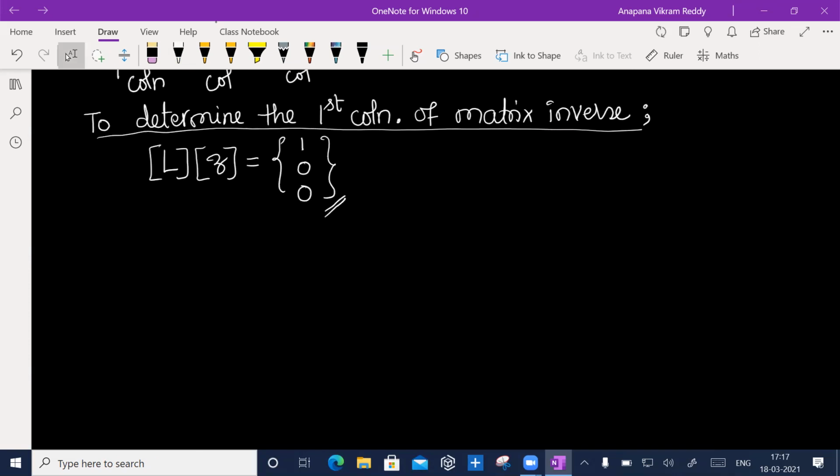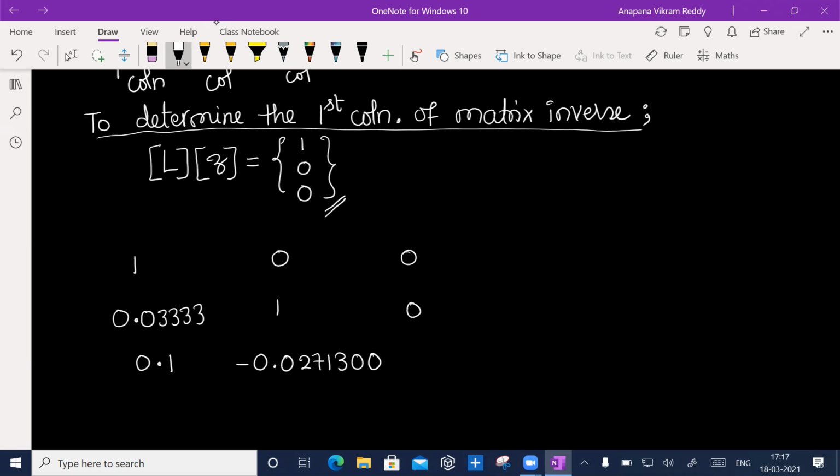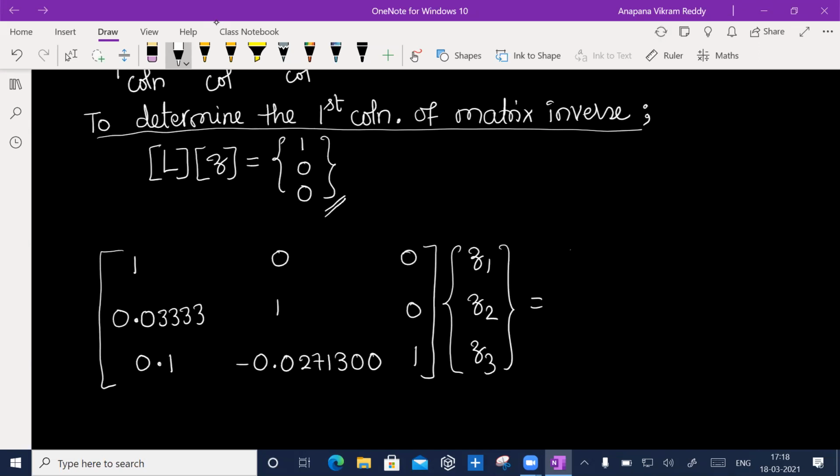Now I know my L. My L is 1 0 0, 0.0333 1 0, 0.1009 minus 0.027 1. Now I take my Z, say Z1, Z2, Z3 equal to 1 0 0.